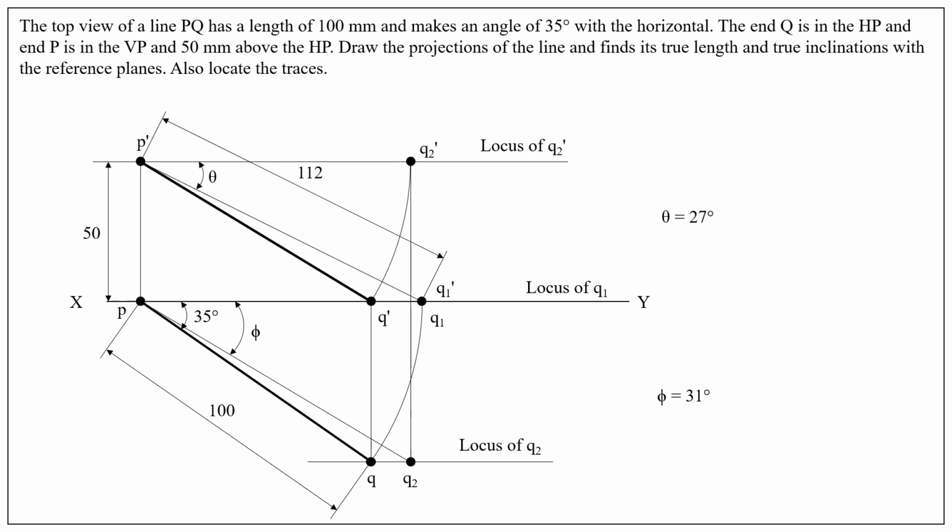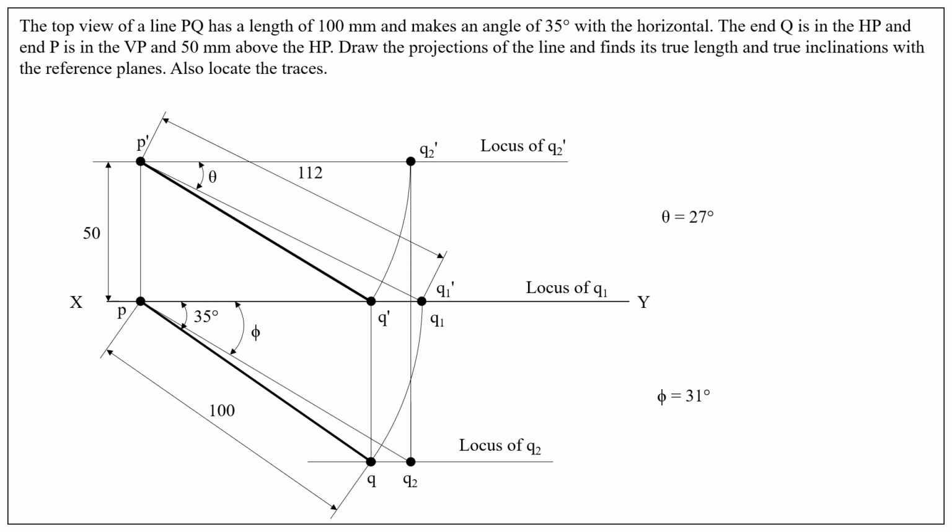So for a straight line, the trace is a point where the line intersects the planes of projections. Point P is in the VP and Q is in the HP.